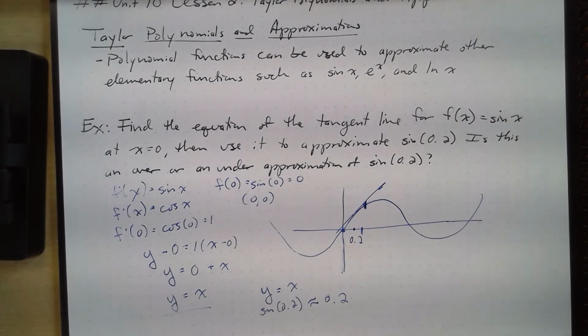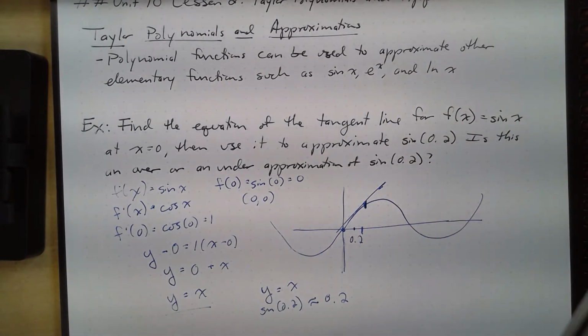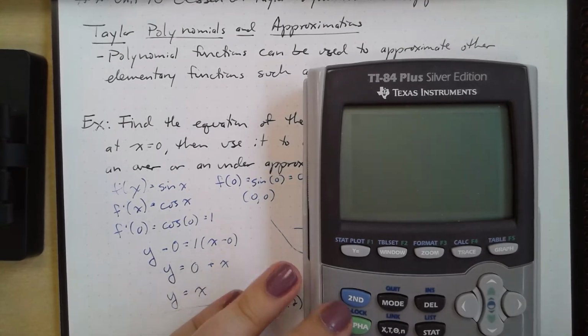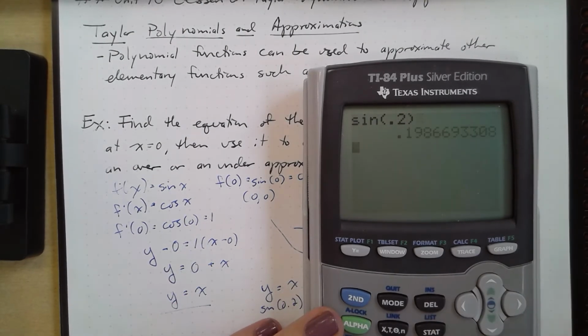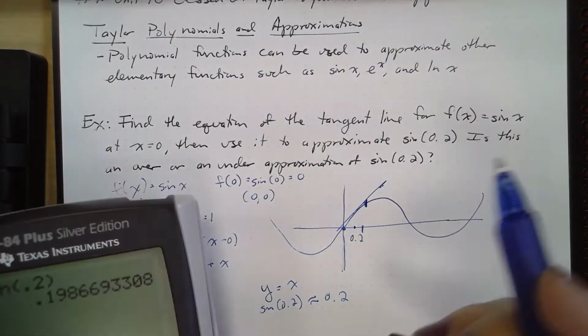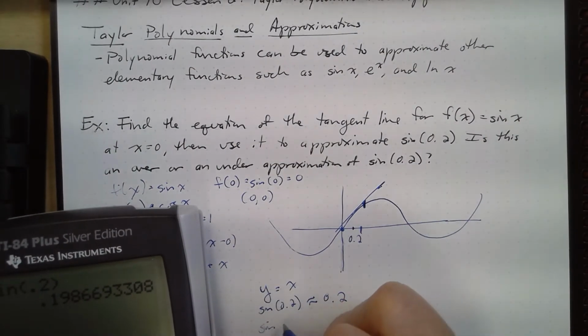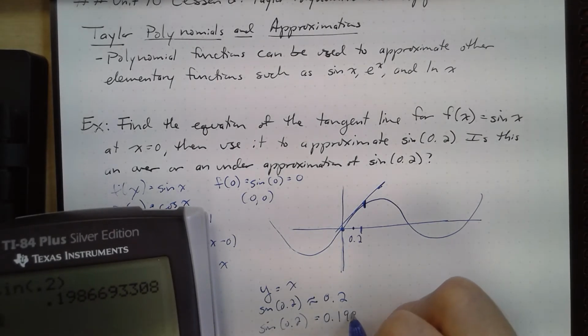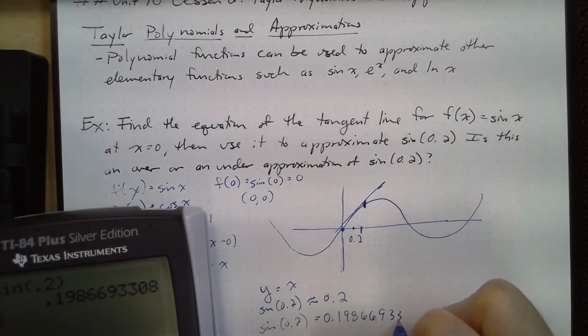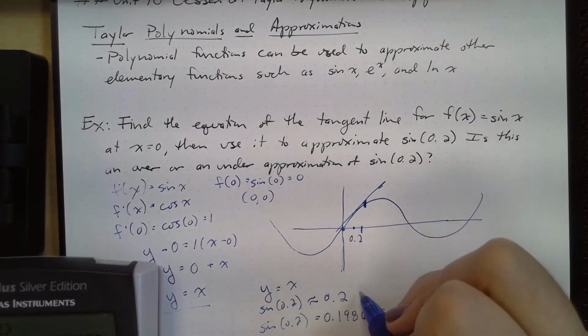Well, let's go to our calculator. What is sine of 0.2? So I'm going to type sine of 0.2, and I get sine of 0.2 is equal to 0.19866933308. So this is slightly too big, right?